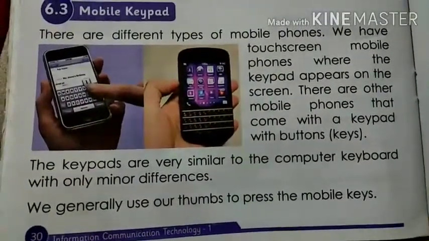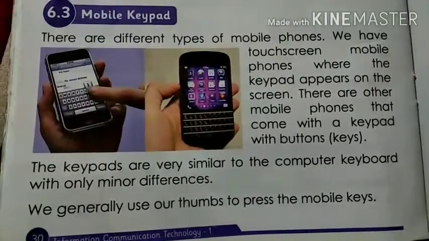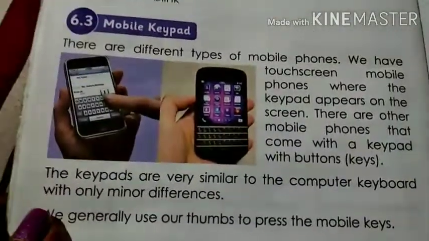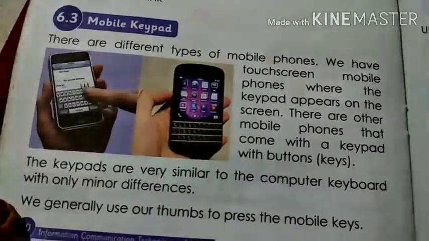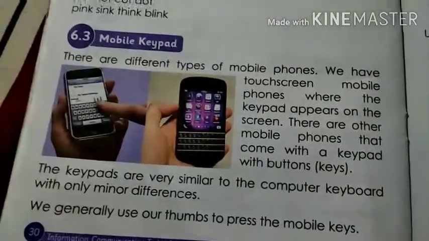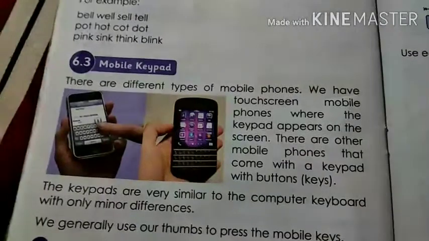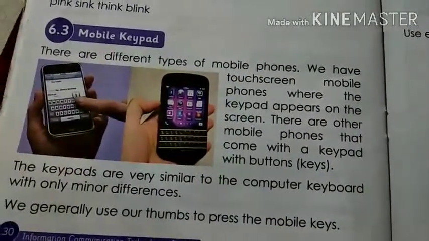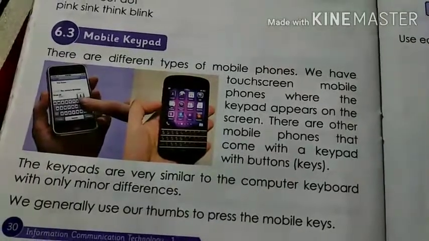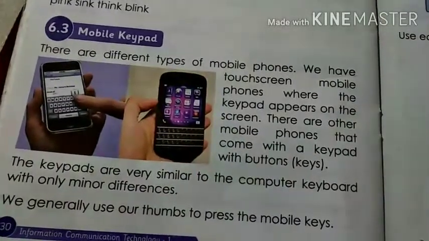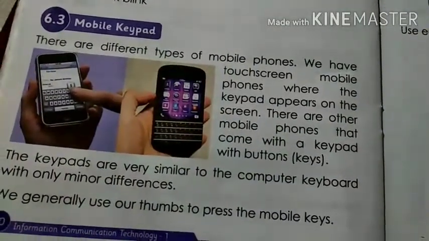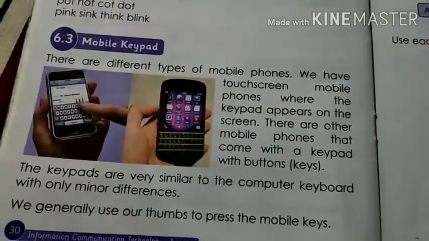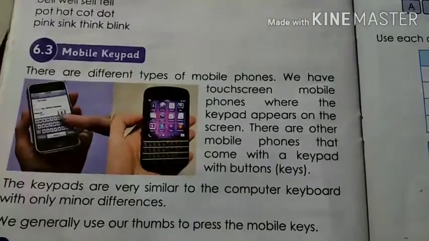So we learned about mobile keys. It's the same as a computer keyboard, but some differences are there, and we generally use the thumb for pressing the mobile keys. And we have different types of mobile phone. One has a touchscreen keypad, and another has a keypad with buttons.